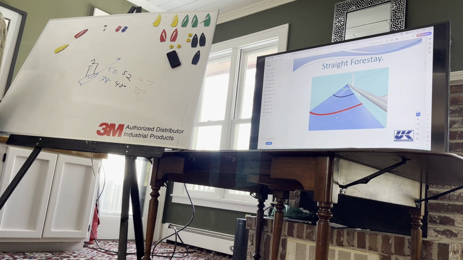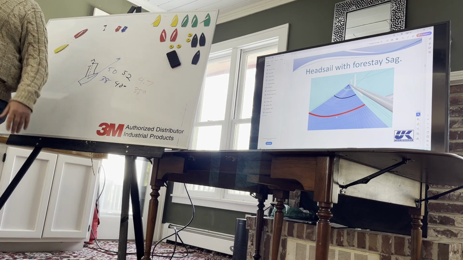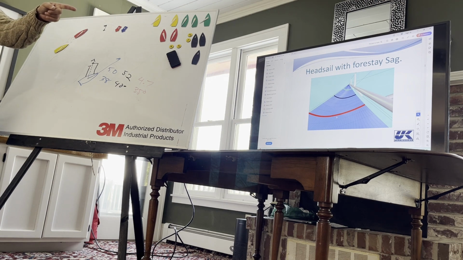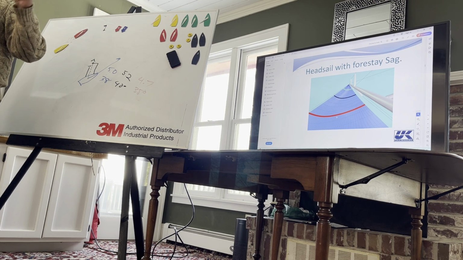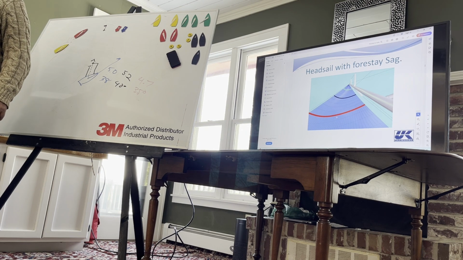So one of the things that you want to look for is headstay sag. And if you take away anything from this seminar, come away with this concept: controlling your headstay sag with the main sheet tension first and then the backstay.